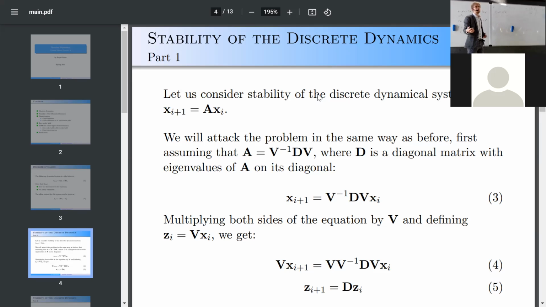My next step is to make an eigendecomposition of the A matrix. I assume that it exists. It doesn't have to exist, of course, but I assume it exists. A equals V inverse times D times V, where D is the diagonal matrix with eigenvalues on the diagonal.